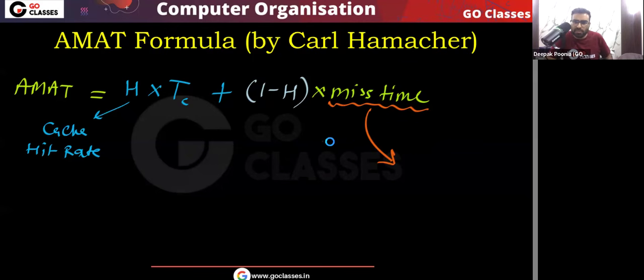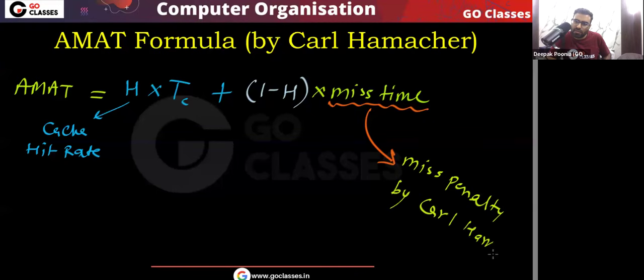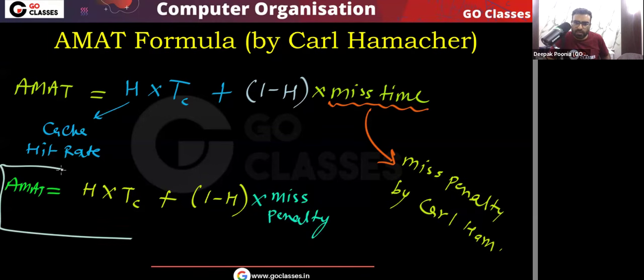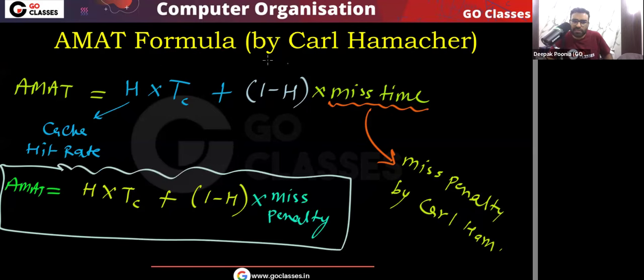What we called miss time is called miss penalty by Carl Hamacher. So you can replace it with miss penalty, because I am showing the average memory access time formula according to Carl Hamacher. So the average memory access time is equal to H into TC, means hit rate into hit time, plus 1 minus H multiplied by the miss penalty.